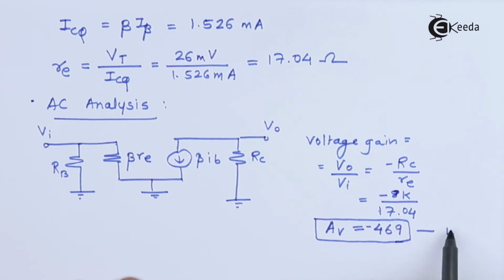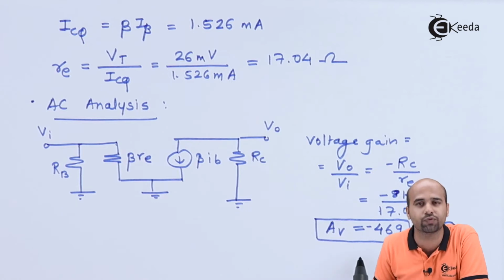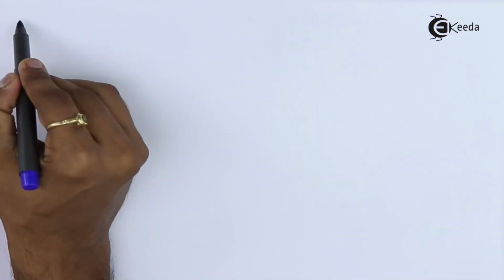We'll take this as equation number 1. This will be used to find the Miller's input and output capacitance for high frequency analysis. So we completed the second step, that is AC analysis. Now in the third step we will go for high frequency analysis.